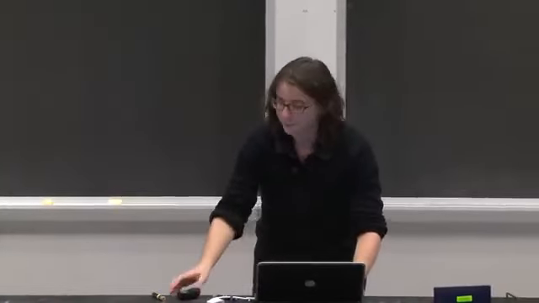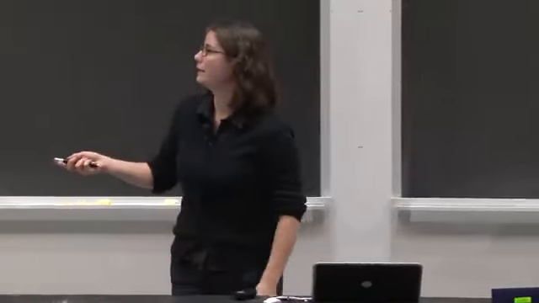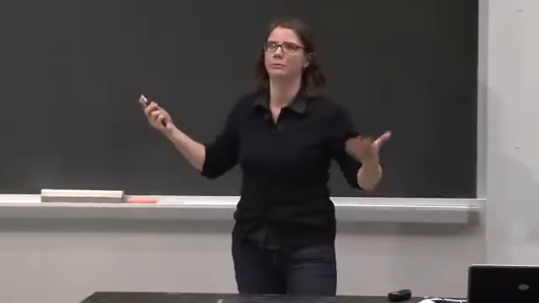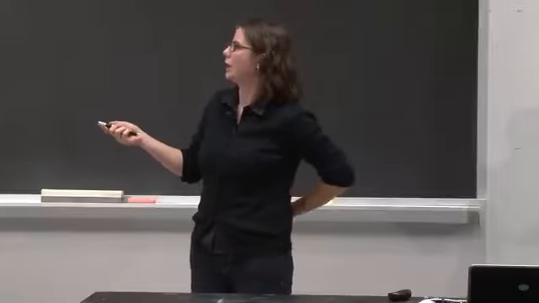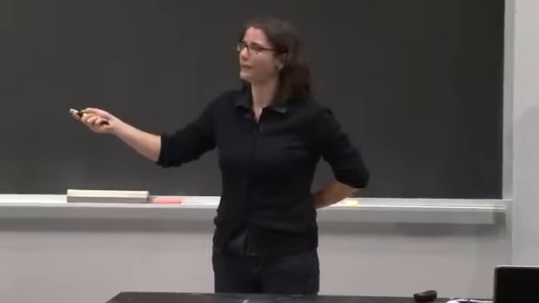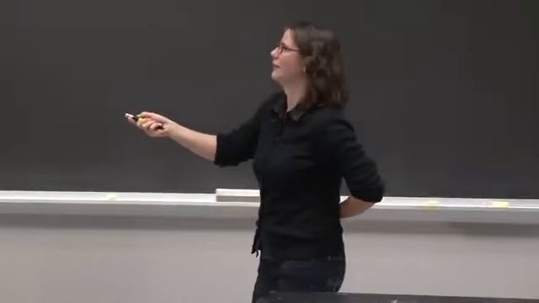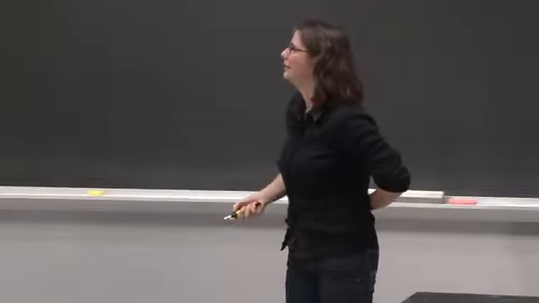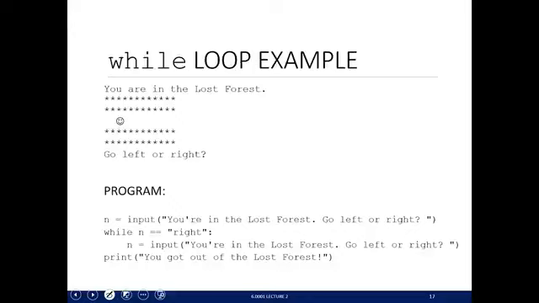So here's a little game. And with these lines of code, we can code up the Lost Woods of Zelda. Even worse graphics, by the way, than the original Zelda is this one that I coded up here. So I print out the following things. You're in the Lost Forest, go left or right. It's going to get user input.